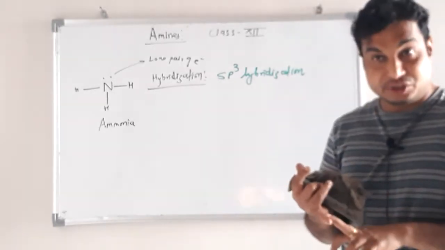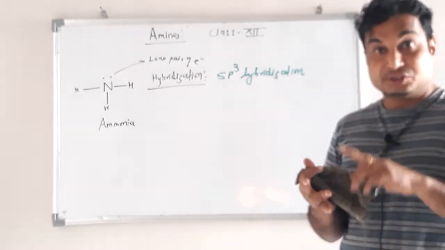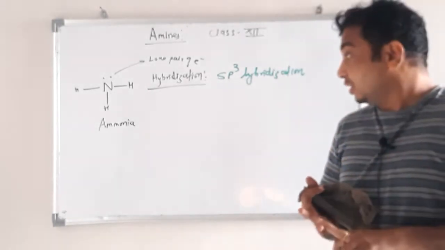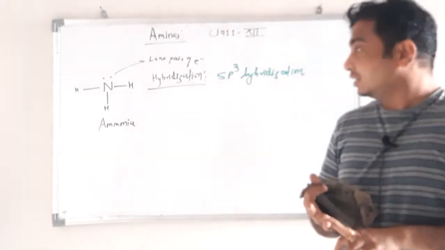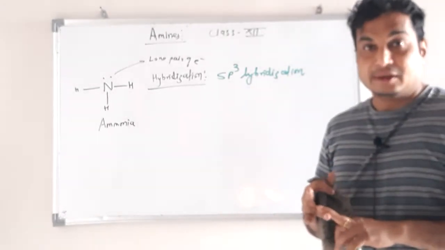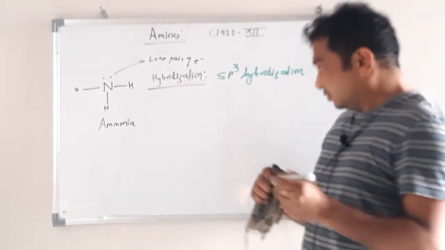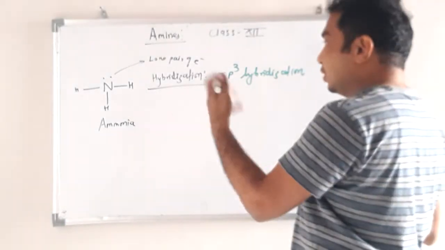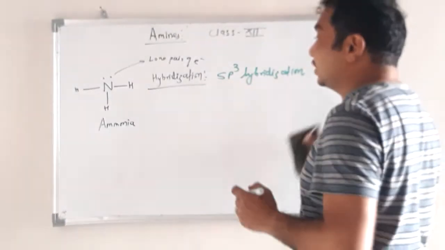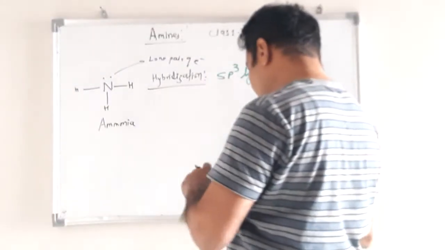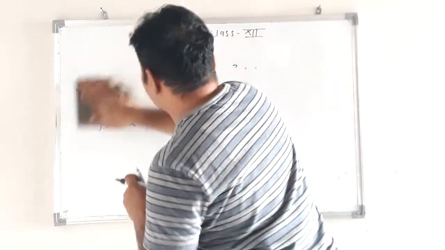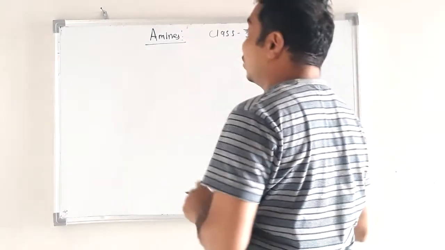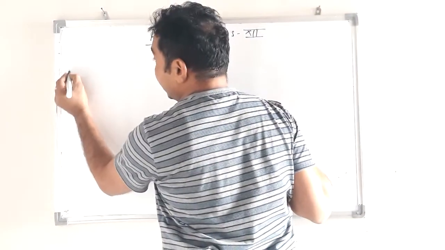Their energy is the same, their shape has similar geometry and similar symmetry, meaning they are identical in all respects. Now I will explain how the ammonia molecule forms on the basis of sp3 hybridization. We know in ammonia, nitrogen forms 3 bonds and contains one lone pair of electrons.